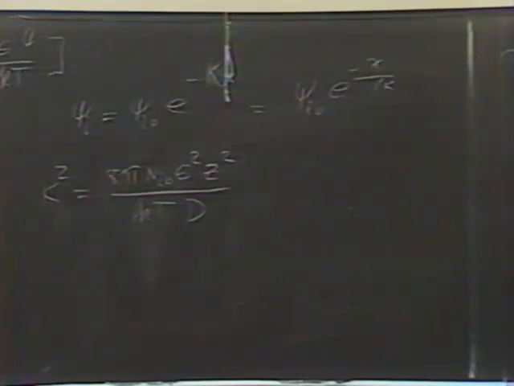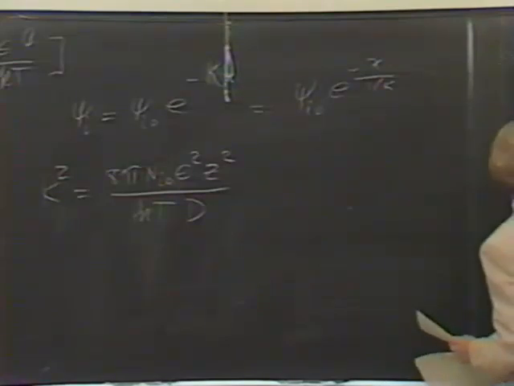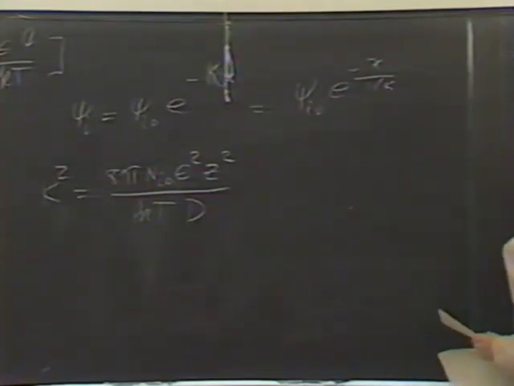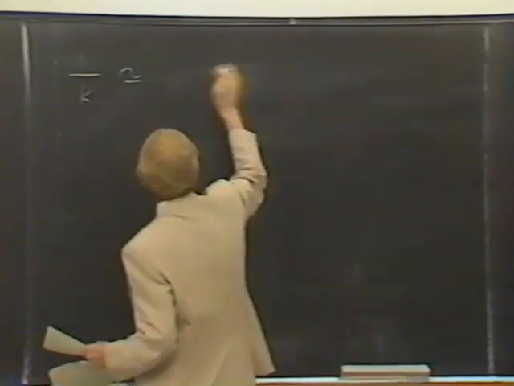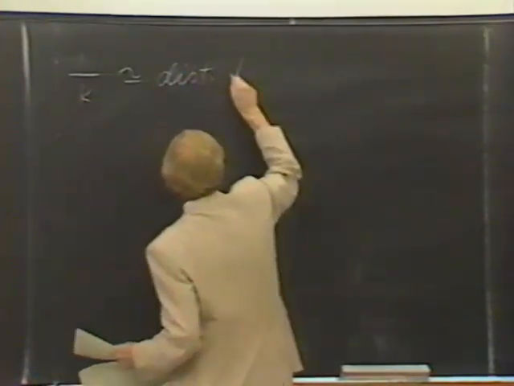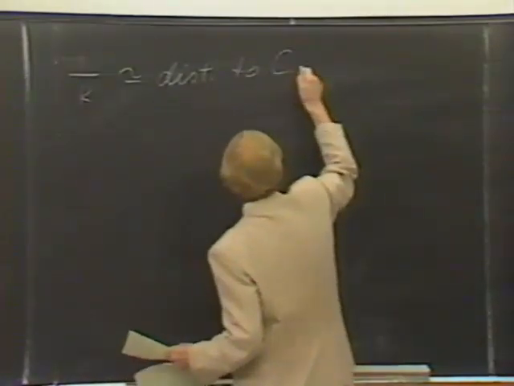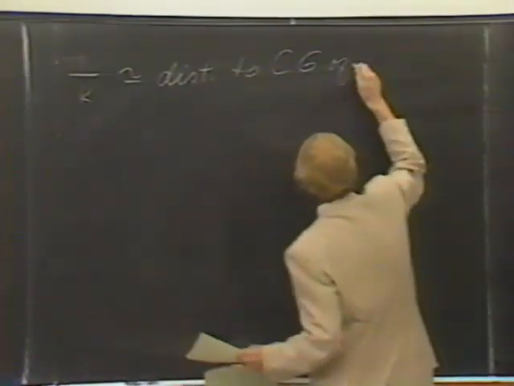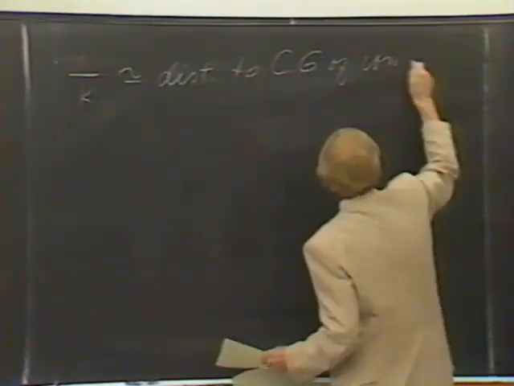So you often see the term 1 over k as the thickness of the double layer. It's a distance to the center of gravity of the double layer, with this assumption of point charges. 1 over k is the distance, so we have k squared here.